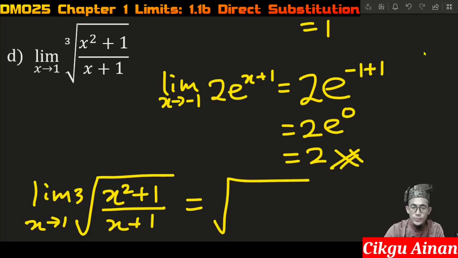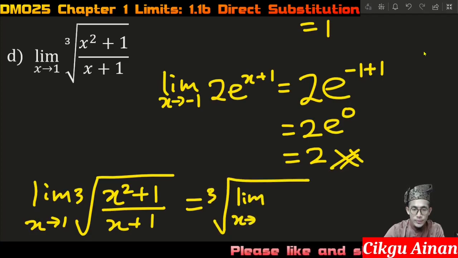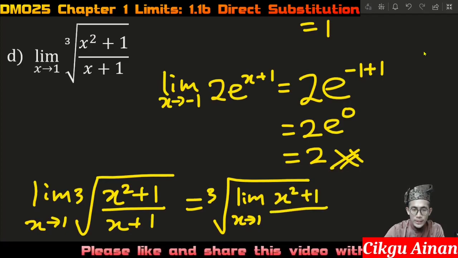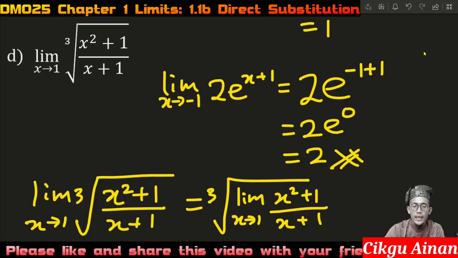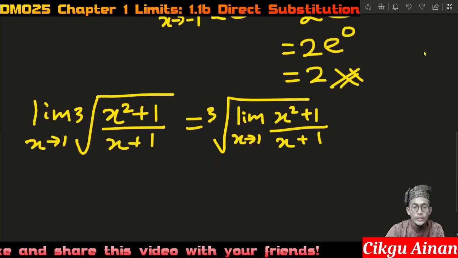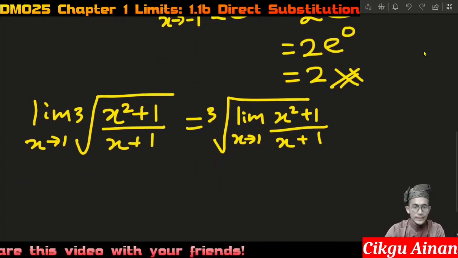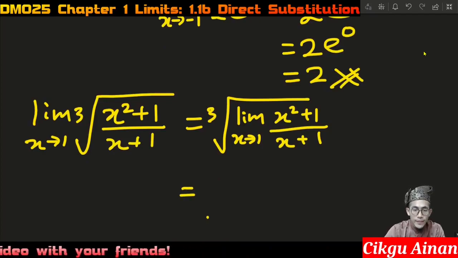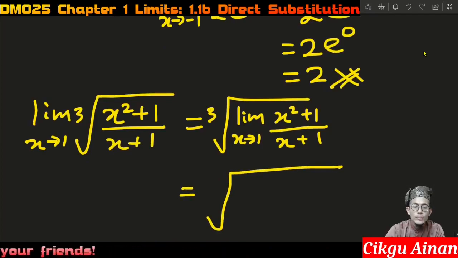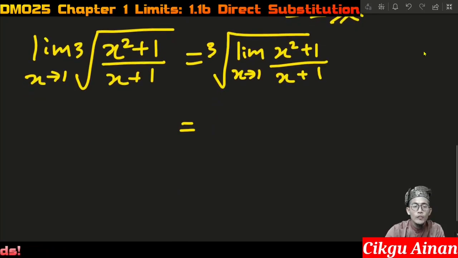So it's the cube root of the limit as x approaches 1 of x squared plus 1 over x plus 1. For this one also, we can find it further. We can find the limit of the numerator and the limit of the denominator.